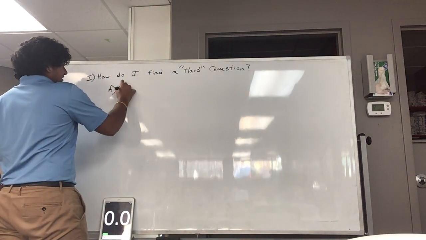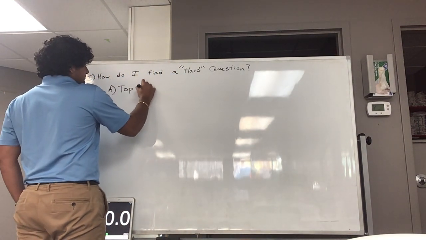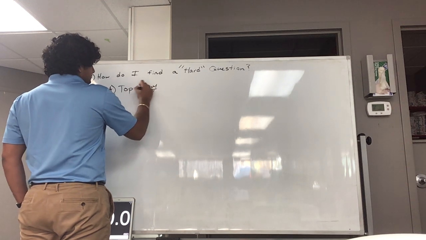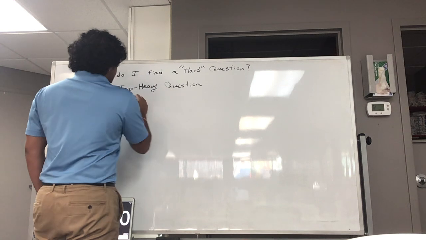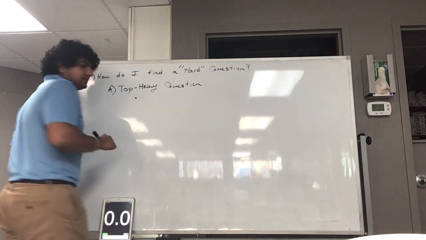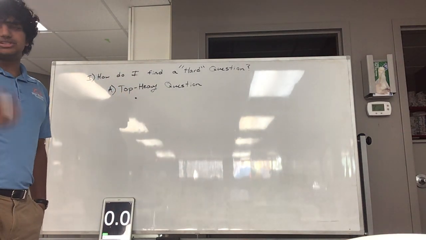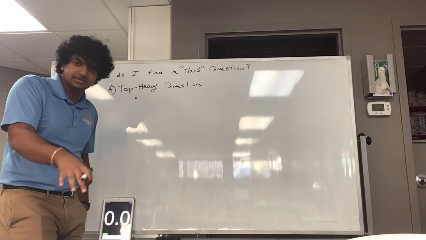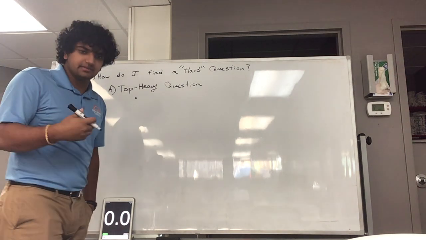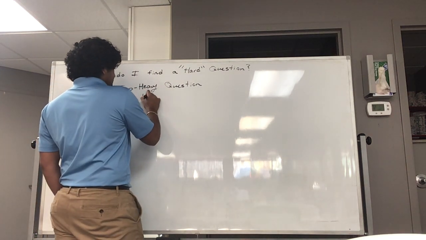The first type is a top-heavy question. Top-heavy questions are basically questions that have a specific revision task. They're going to tell you what to do, and then you just have to do it.